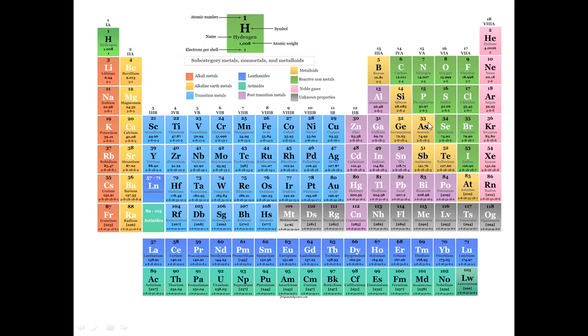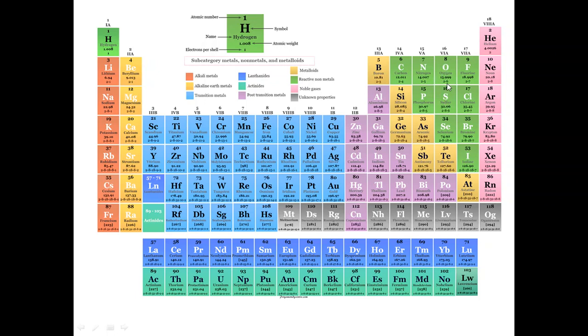All these elements need an extra 3 electrons to fill an octet, so they receive electrons from an electron-rich species, from an anion. Group 16 elements are what we call the oxygen family, because oxygen is their leader. Oxygen family elements form a 2 minus charge.